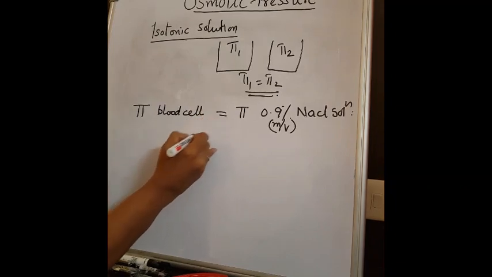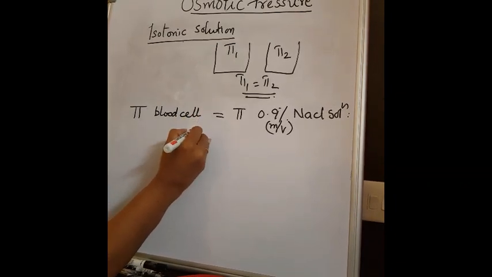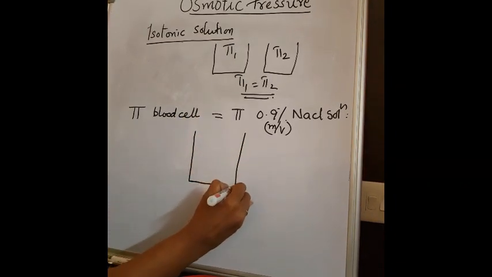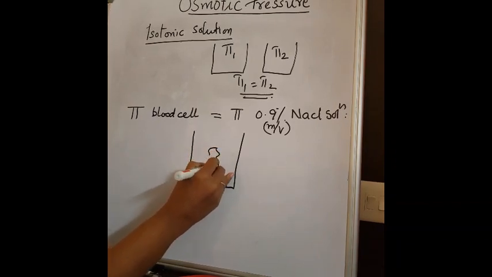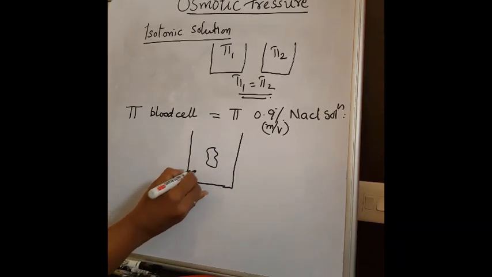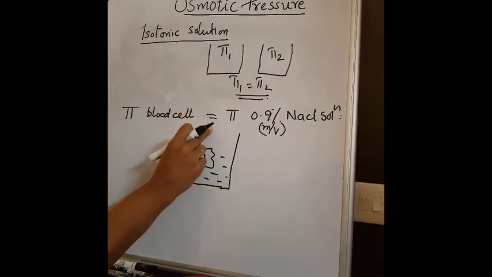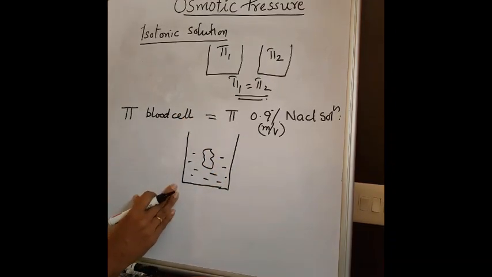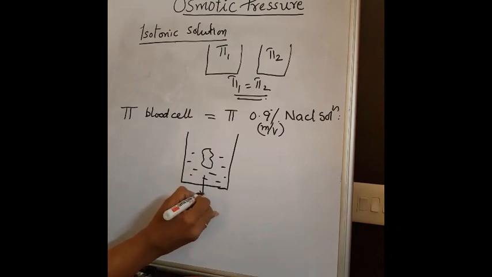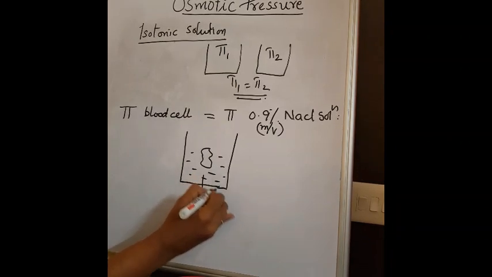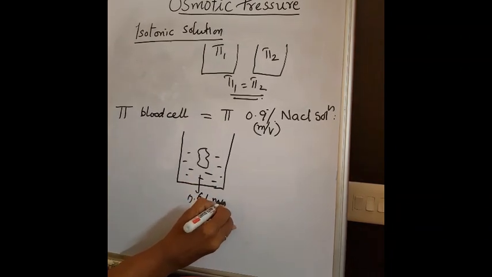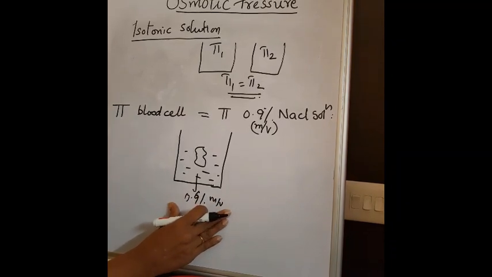Now, if I draw a representation regarding this, listen carefully, this is our blood cell, correct? And this is the saline water. When a blood cell is put in saline water of concentration 0.9% mass by volume, what will happen?